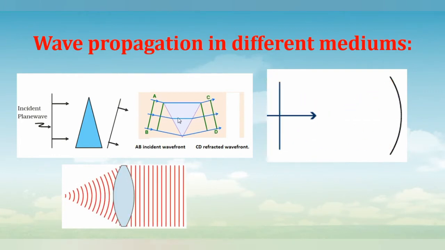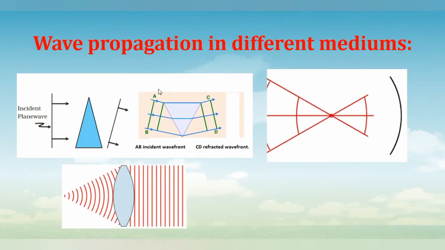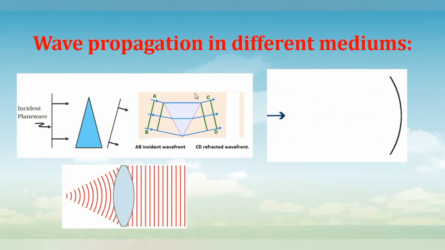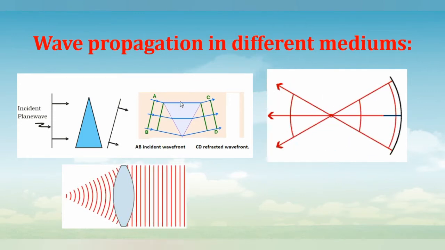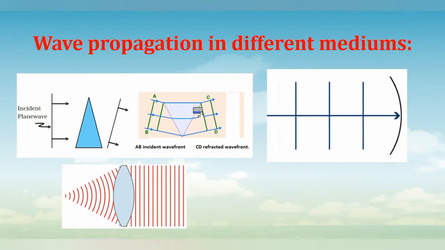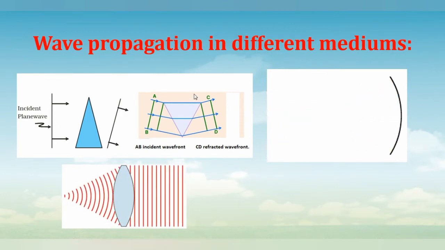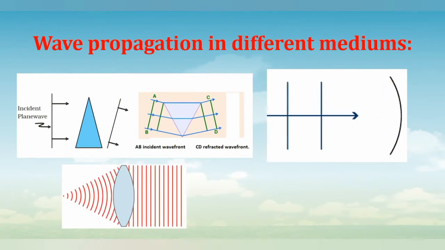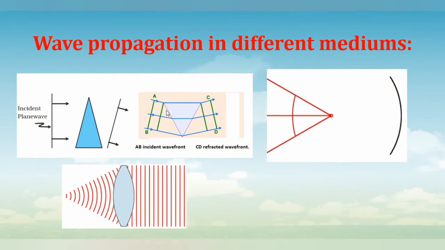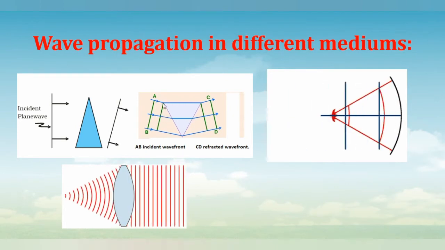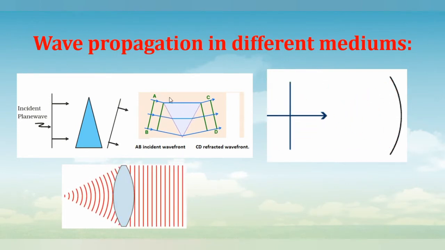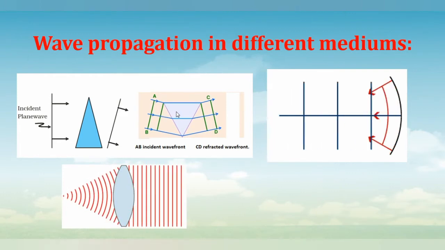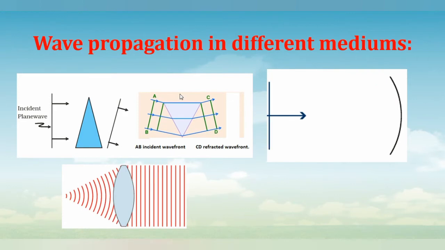This happens because the wavefront at A has to travel more distance through this prism, so its velocity decreases, because the velocity of light in a denser medium is less than the velocity of light in a rarer medium. That's why the wavefront which passes a longer distance through the other medium will slow down, and it will take more time to come out of that medium.